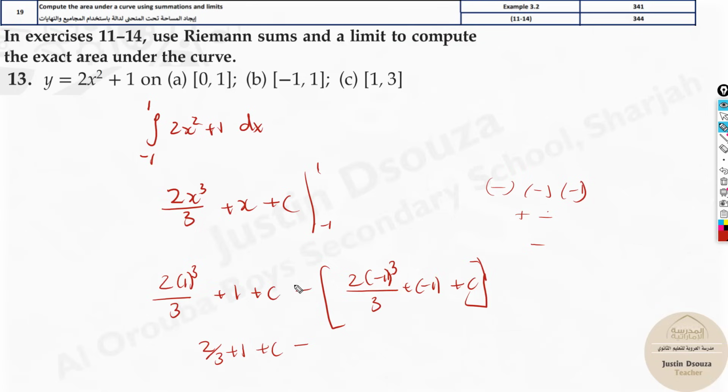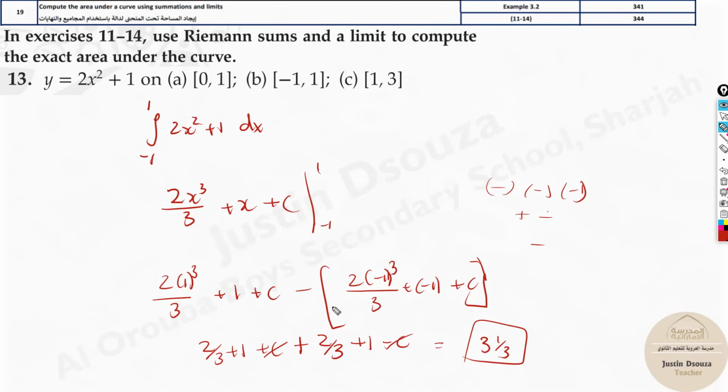So we already have a minus, and this minus will give plus 2/3, and over here minus minus, again plus 1, and lastly we will have minus c only. So the c and c cancel. You will have 2/3 and 2/3 and 1 and 1, so it'll be 4/3. That'll be 3 1/3.